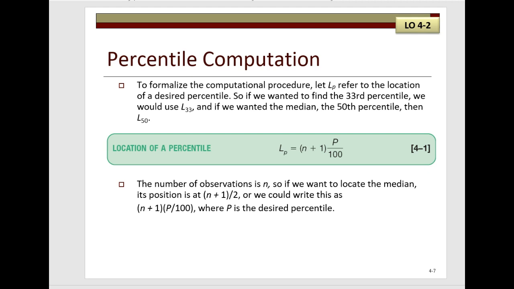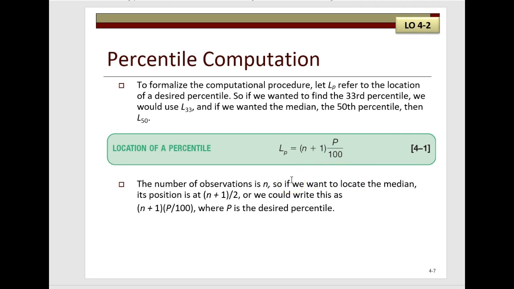LP refers to the location of a desired percentile, N is the number of observations, and P is the percent. So if we wanted to find the 33rd percentile, we would use L33, and if we wanted to find the median, which is the middle, then that would be the 50th percentile, L50.